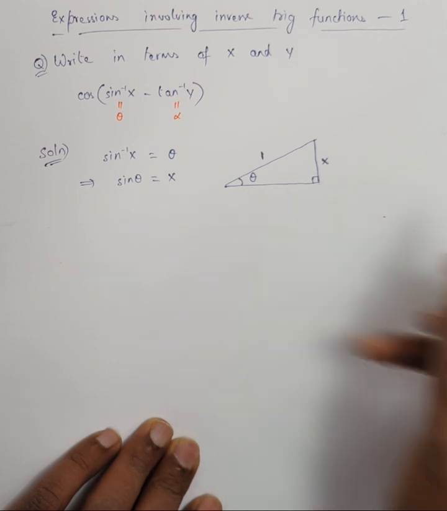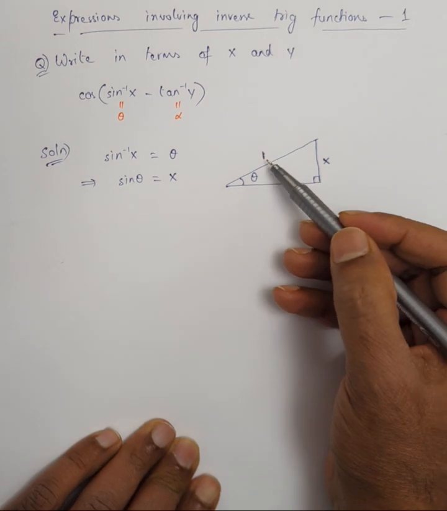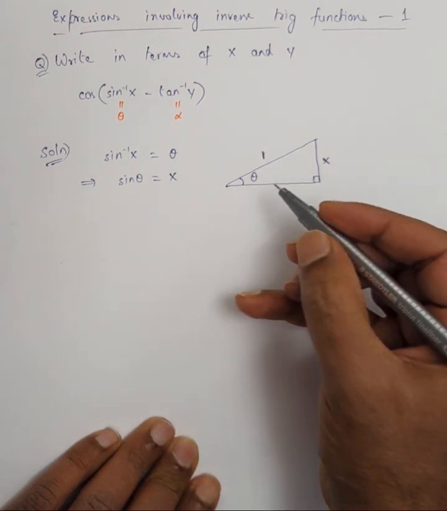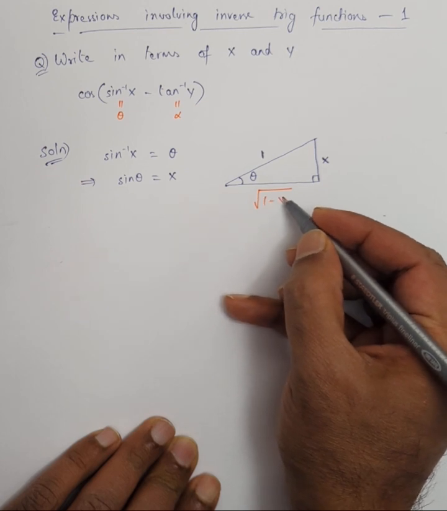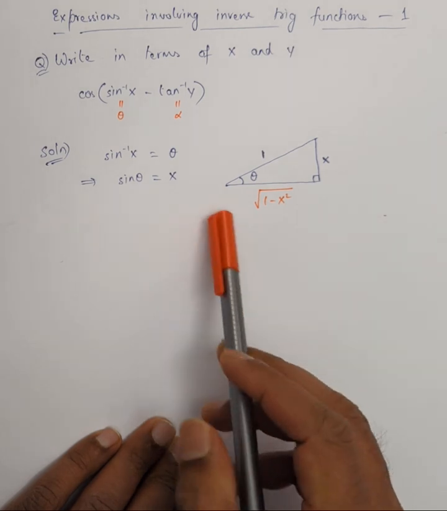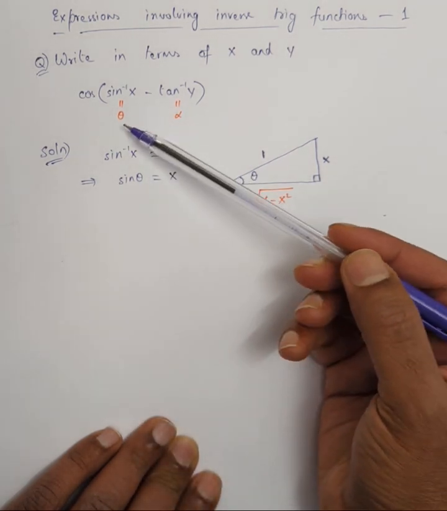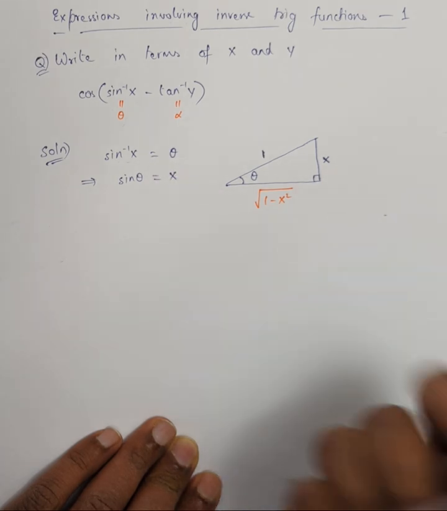So this leg will be square root. We need to square 1 and square x and then subtract. So this is going to be 1 minus x square. So this is the triangle we get by looking at this equality, sine inverse x equals theta.